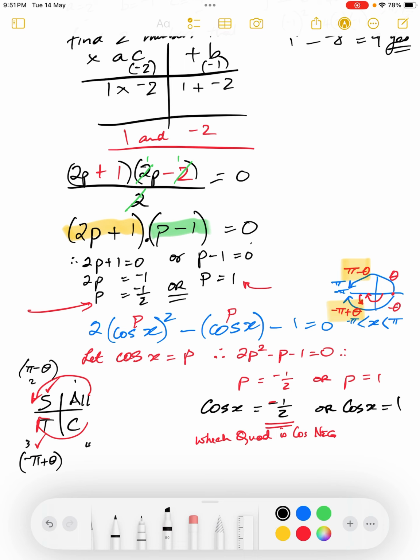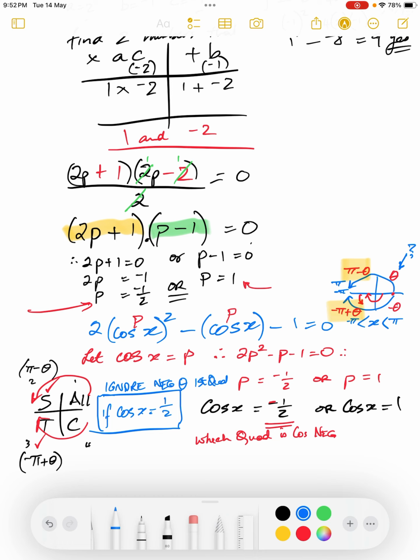Well, I like to just say, if cos of x is a half, just consider the positive part. Ignore the negative and consider theta being a first quadrant angle.